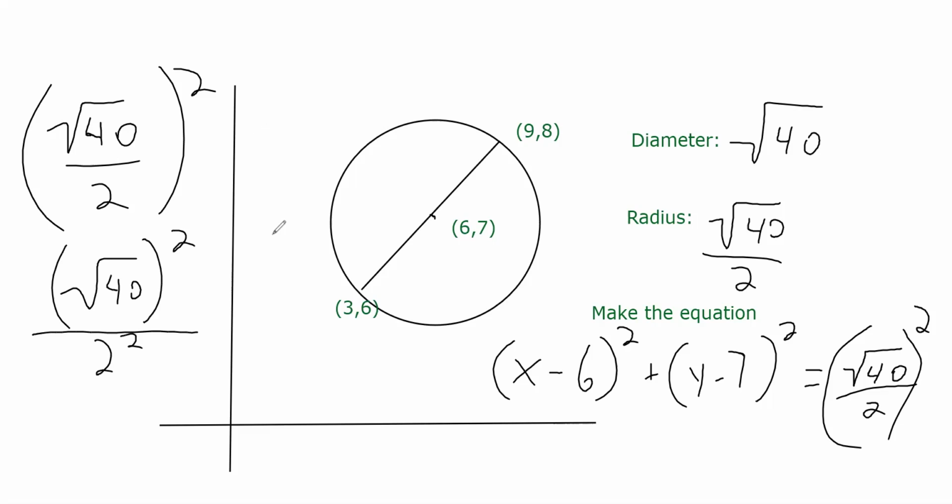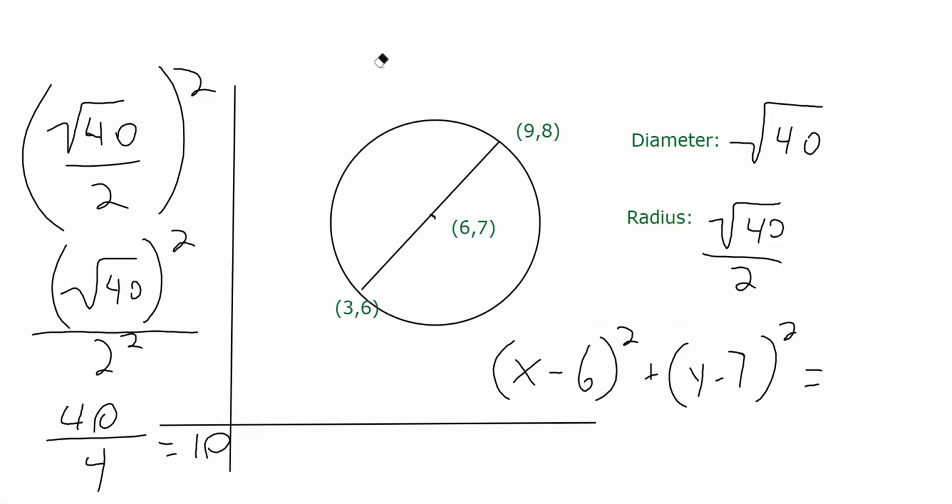So I can square the top and the bottom. Of course, the square root of 40 squared, the square root and the squared cancel each other out. You just get 40. On bottom, 2 squared is 4. And then 40 divided by 4 is 10. So actually, this thing just becomes equals 10.